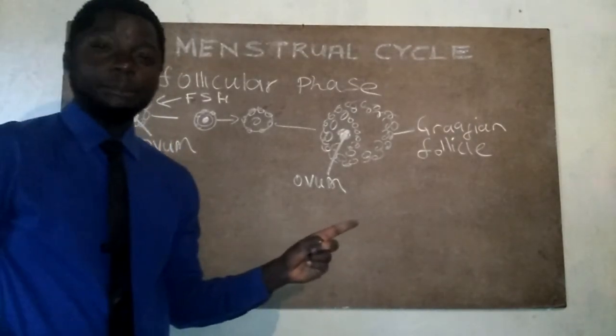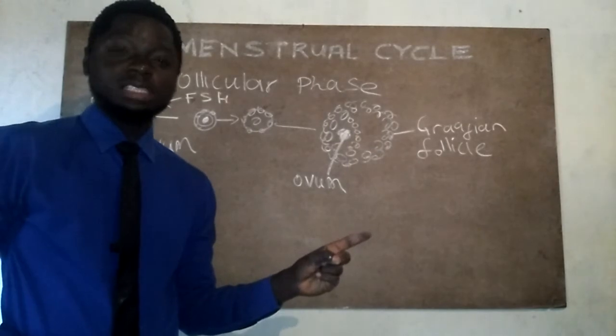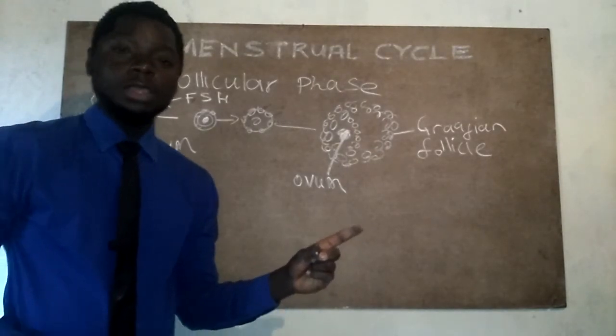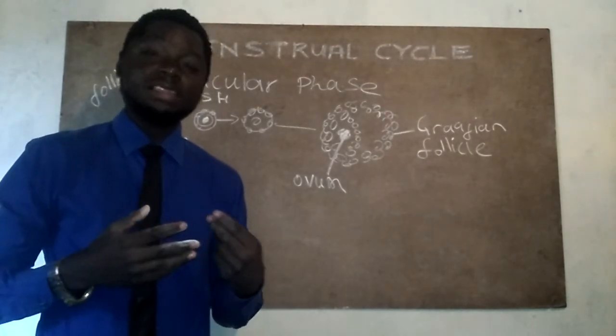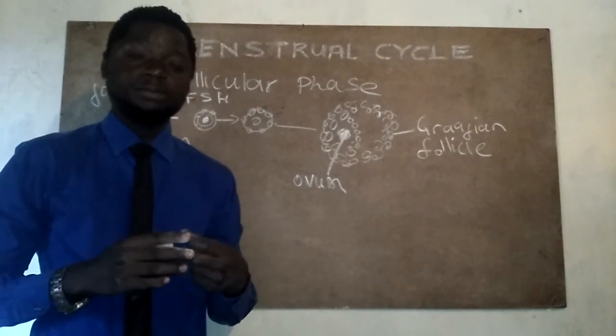There are going to be thousands of these mature Graafian follicles inside the ovaries. But only the dominant Graafian follicle is the one that is going to be fertilized by the sperm coming in from the male.